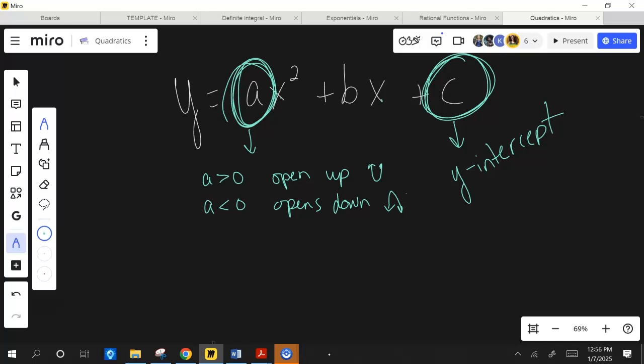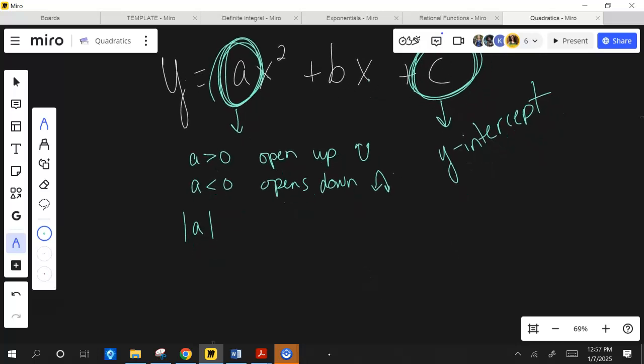The other thing that A tells me is if I'm going to be really skinny or wide. This is the kind of confusing part, so I have to be careful. I'm going to look only at the absolute value of A, because positive and negative tells me which way it's opening. So now I'm talking about the size of A. As the absolute value of A gets bigger, the graph gets skinnier, because it's going to be the opposite of whatever you think it would do.